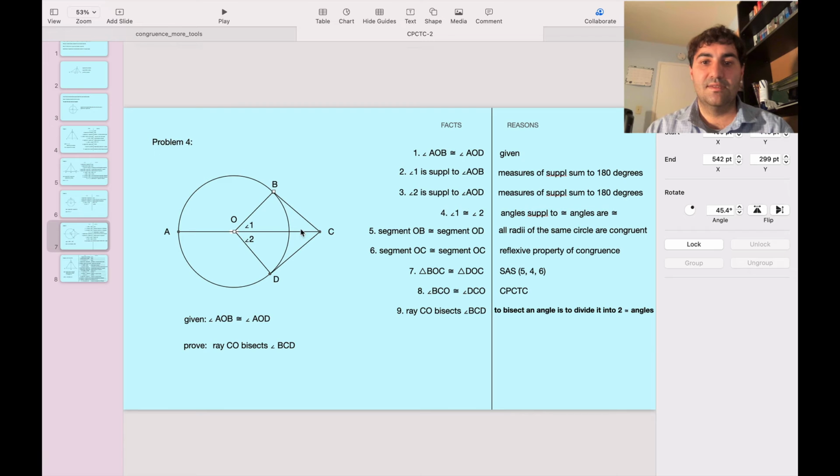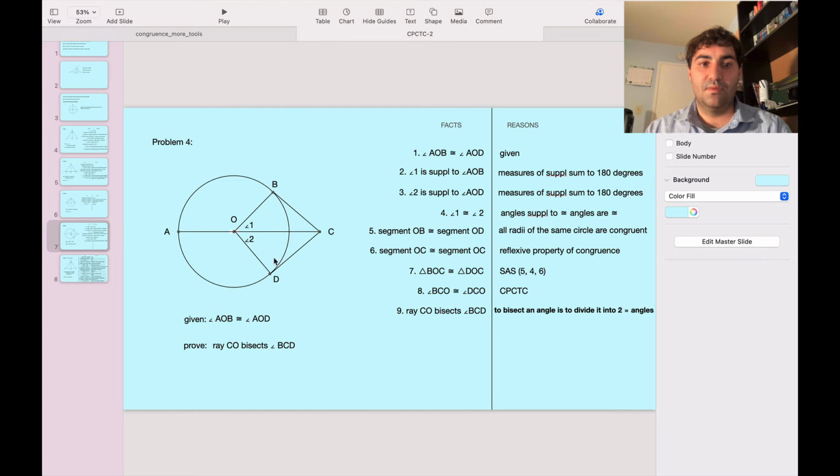So we know that these triangles BOC and DOC are congruent, and therefore this angle is going to be congruent to this angle here. So angle BCO is going to be congruent to angle DCO. Corresponding parts of congruent triangles are congruent.